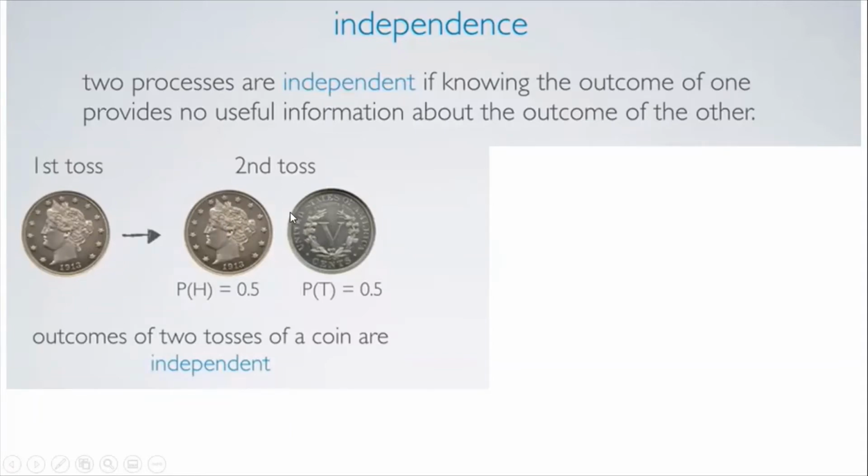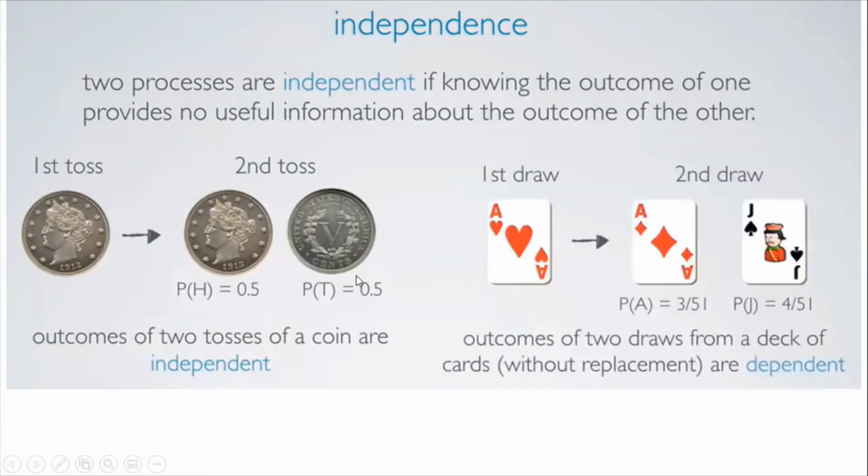If we assume that, that is called the gambler's fallacy. So knowing the outcome of the first toss did not provide us any useful information about the second toss, and that's why these outcomes, these trials, are independent.